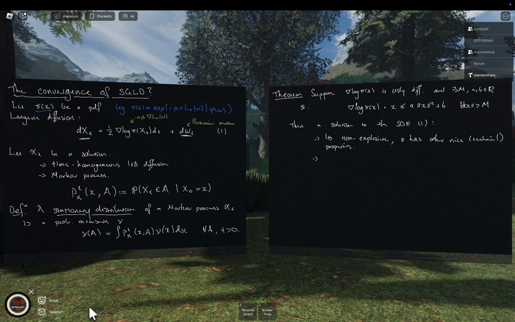And more importantly, two, it has pi as its stationary distribution.